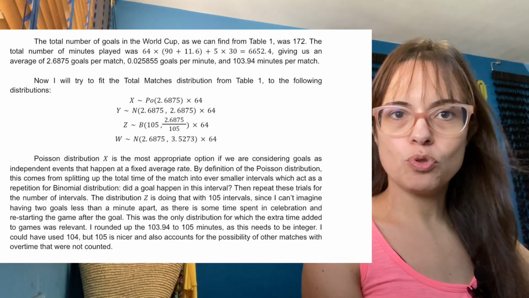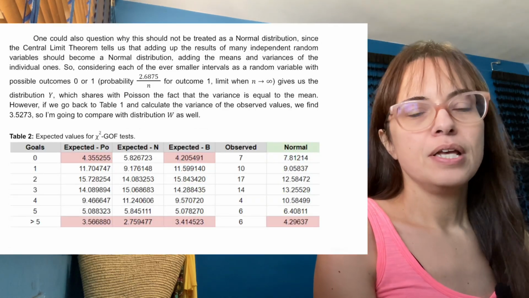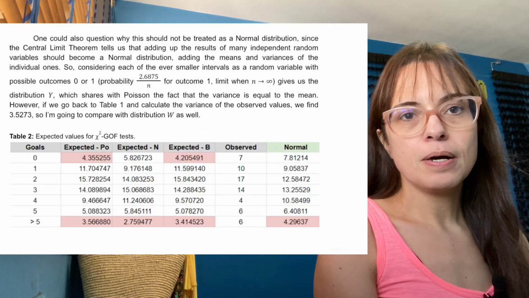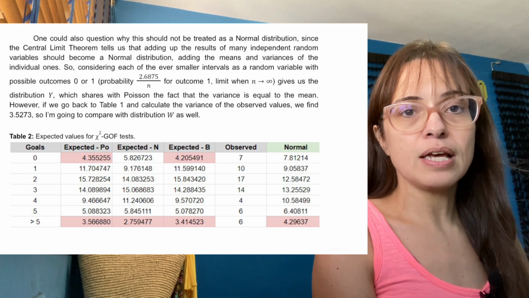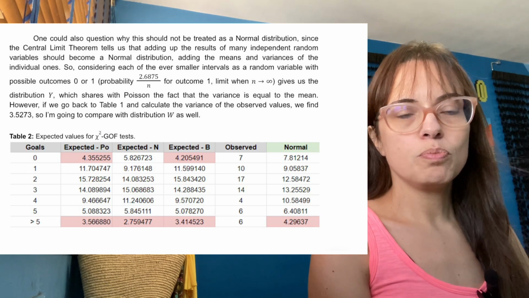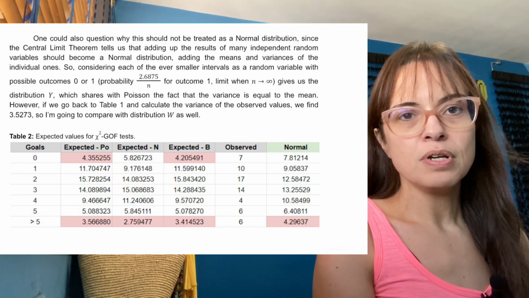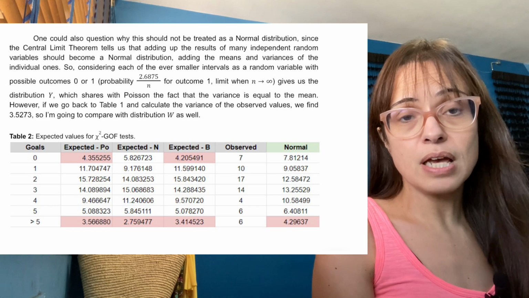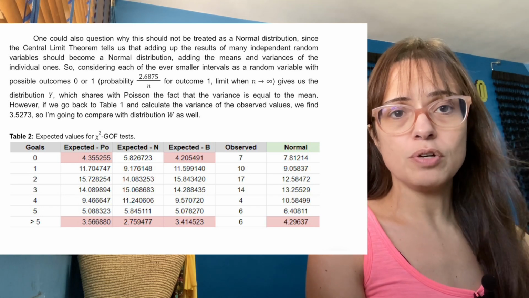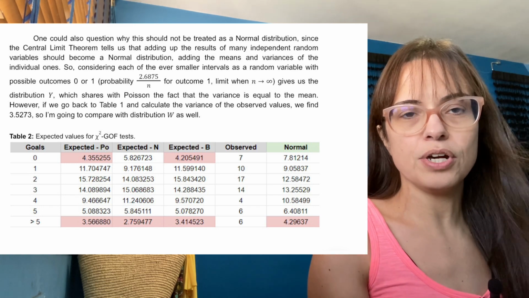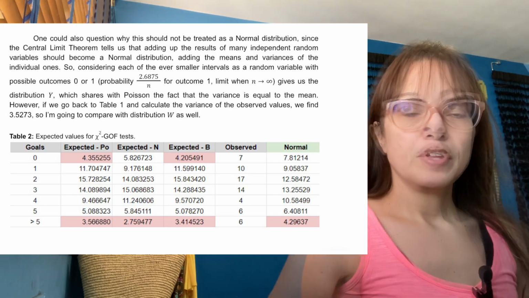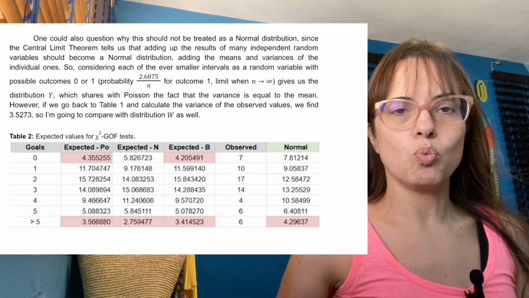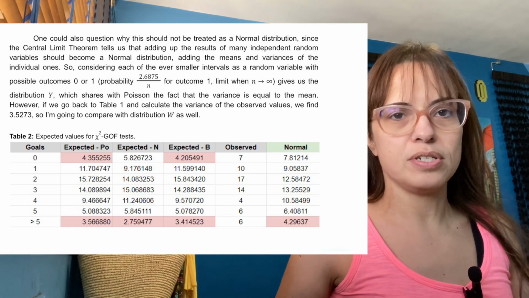But that number of 3.5 something is explained here in this next paragraph. It is the variance that I got from the data to make the second normal distribution. And this is going to be interesting because I'm going to talk about degrees of freedom very shortly to do the chi-squared goodness of fit tests. And it's an interesting discussion about when and why you lose these degrees of freedom.